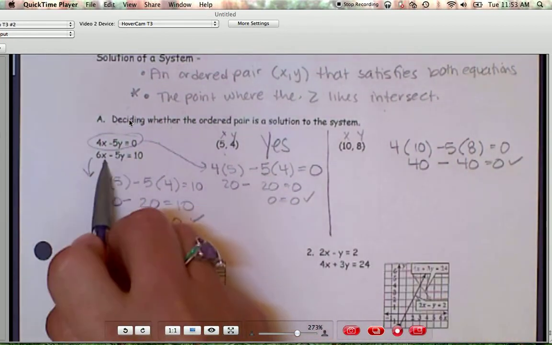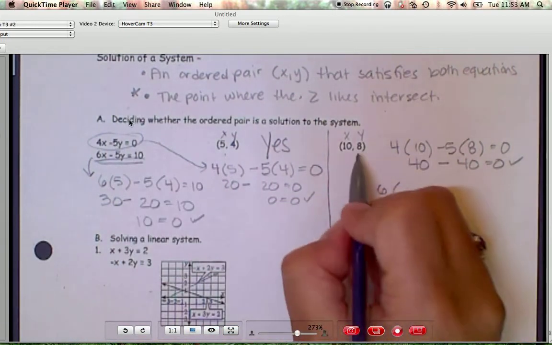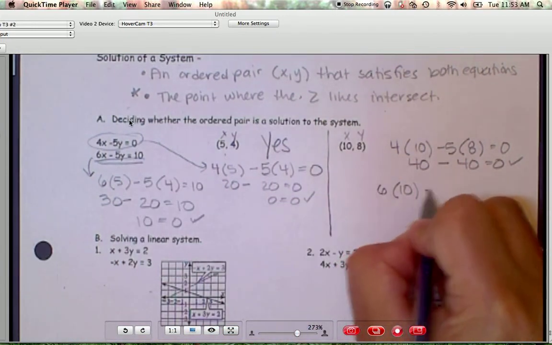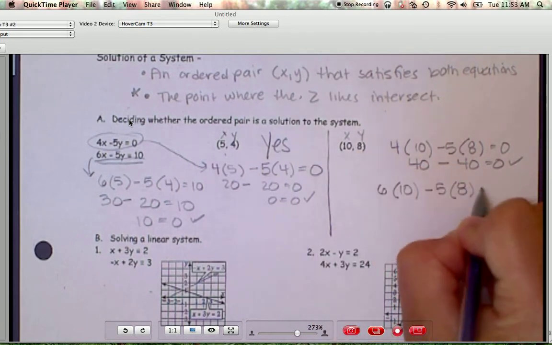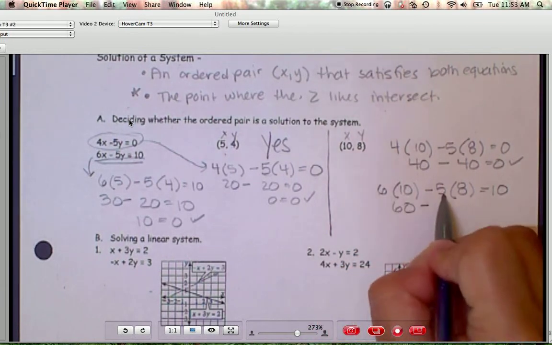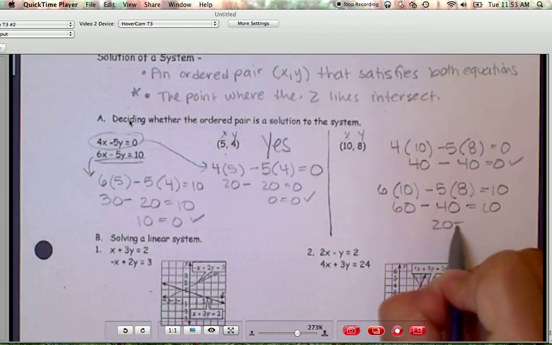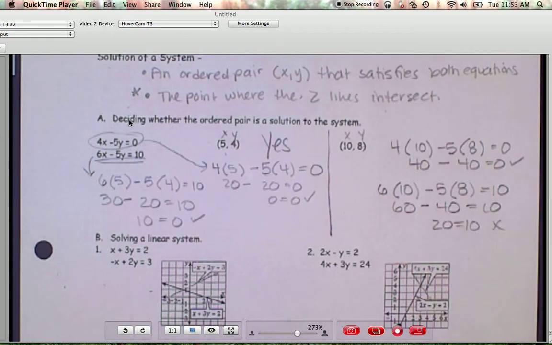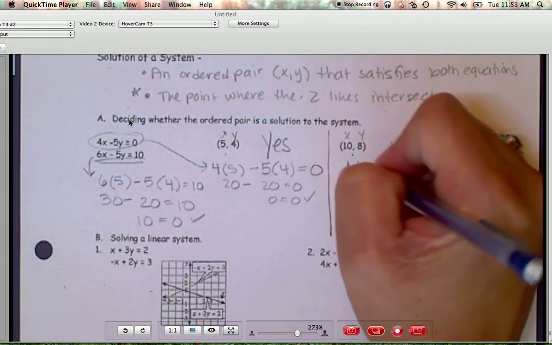Now let's check this one. 6 times the x value, which is 10, minus 5 times the y value, which is 8, equals 10. 6 times 10 is 60, minus 5 times 8, which is 40, and we get 20 equals 10. This one does not work. So because this coordinate point does not work for both equations, this point is not a solution to the system.